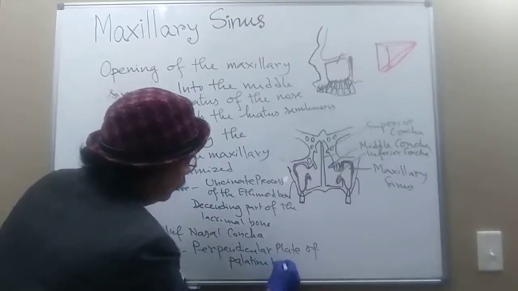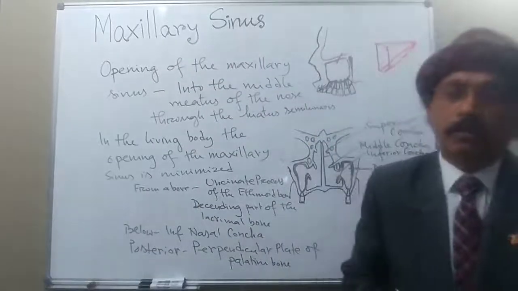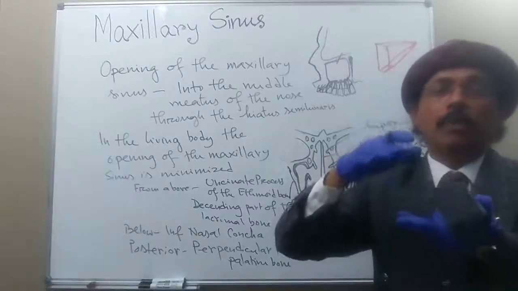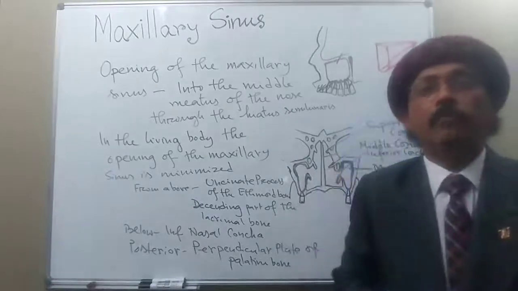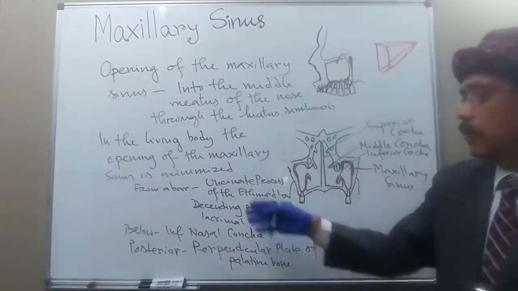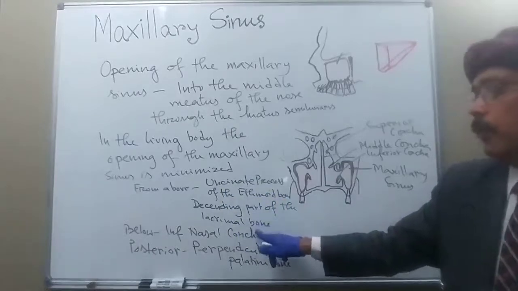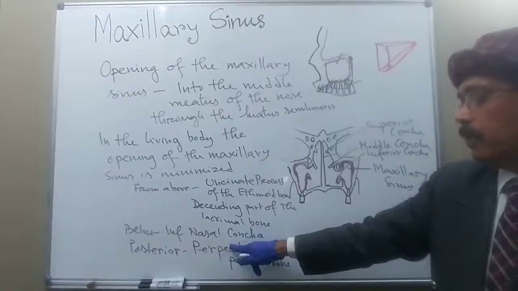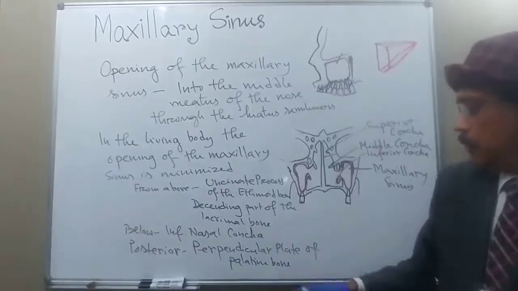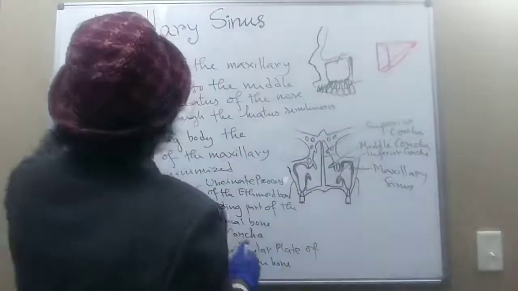Okay, we got the opening of the maxillary sinus. Bony opening is large, but in your living body the opening is only a few millimeters, maybe 3 to 4 millimeters. So it is minimized by the uncinate process of the ethmoid bone, descending part of the lacrimal bone, from below the inferior nasal concha, and from posterior the perpendicular plate of the palatine bone. We got the opening.